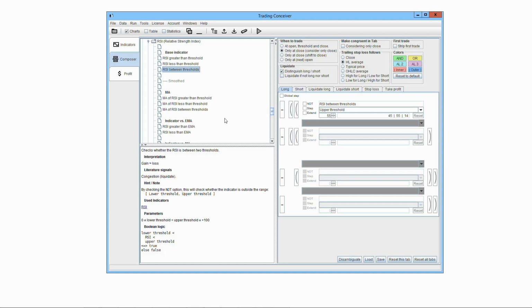Usually, you should not trade trend-following algorithms during a congestion phase of the market. As seen in the previous example, you can check whether the RSI is within a range of values, but if you select the Not checkbox of the algorithm, the logic is inverted, and hence we can check whether the RSI is outside the range.